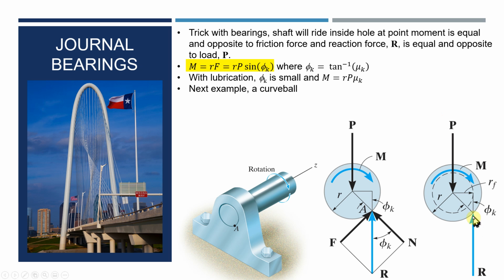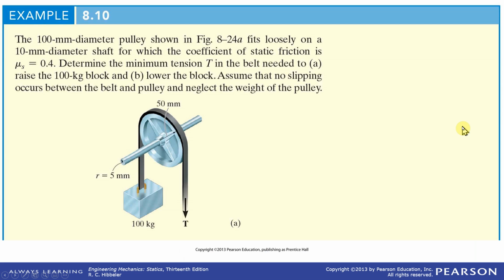Trying to see if there's anything else I need to say about this diagram. Okay. So we have a pulley, 100 millimeter diameter, 10 millimeter diameter shaft. Coefficient of friction is this. What will it take to get started? And here's T. What tension will it take to get started?